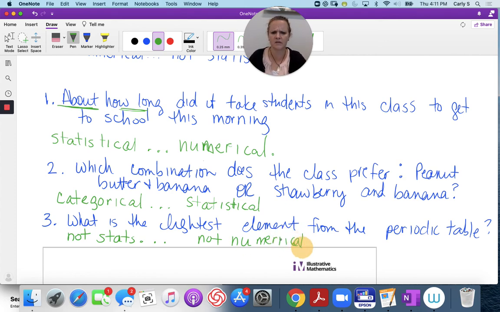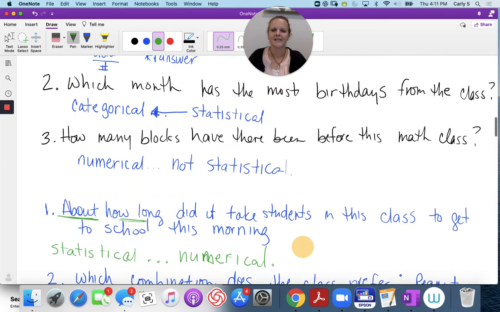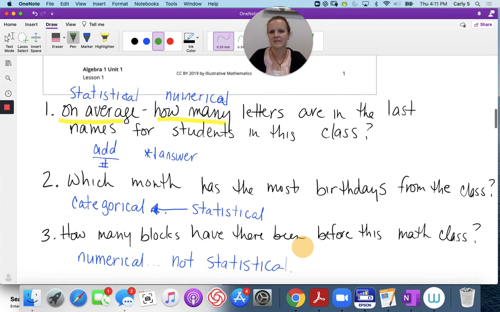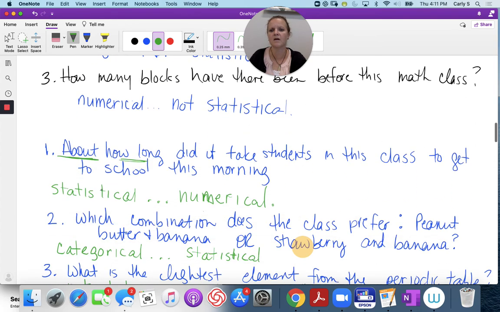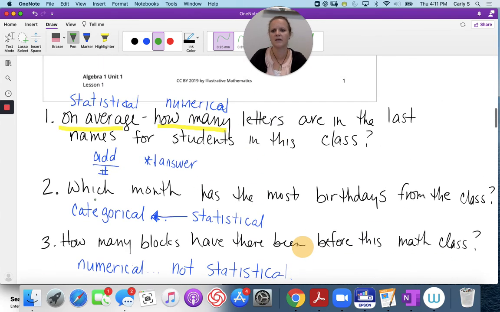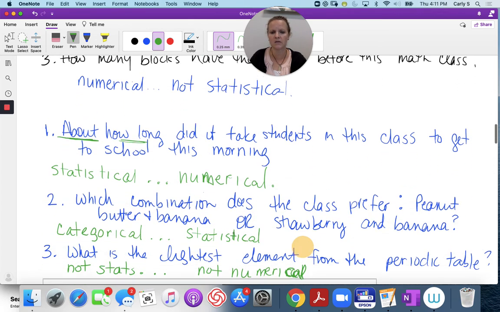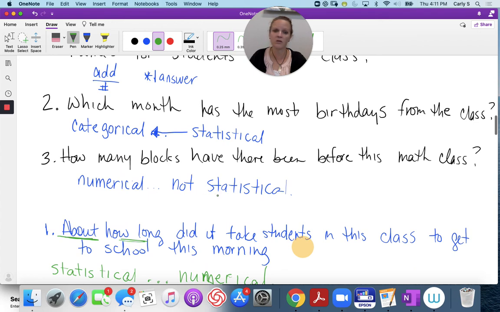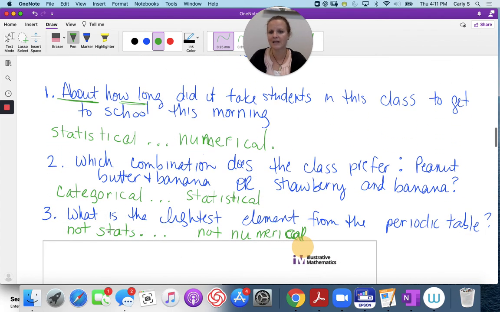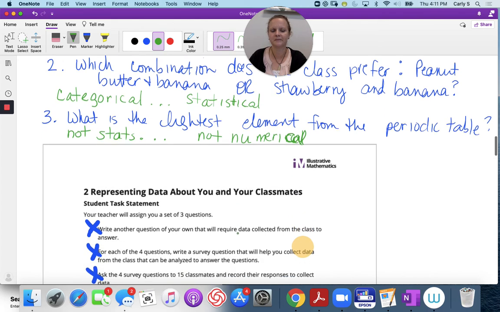So we can see statistical, numerical for question 1. Categorical, statistical for question 2. Numerical, not statistical for question 3. And question 4 is not statistical. I would say that's not numerical unless you're actually looking at the weight of that element.